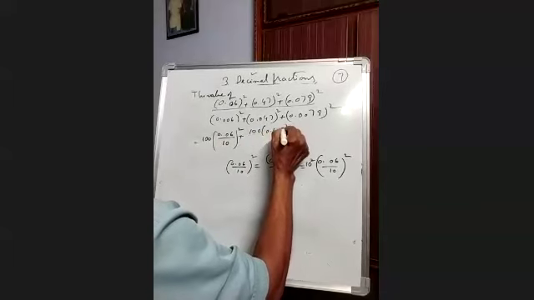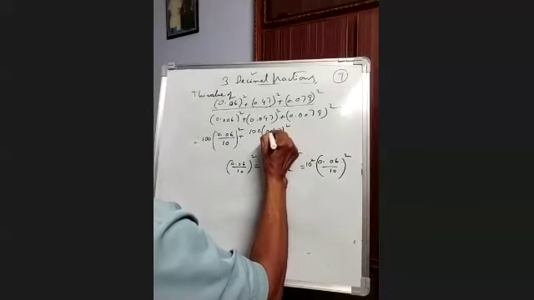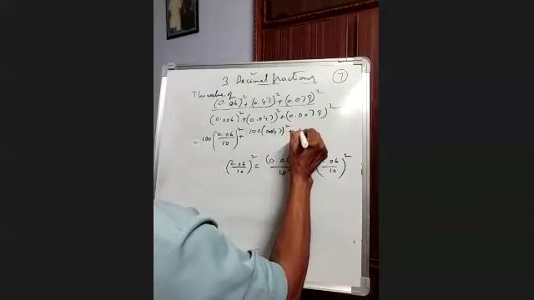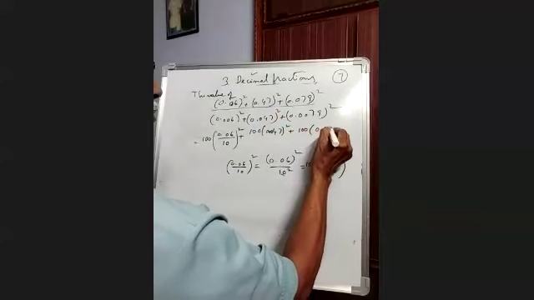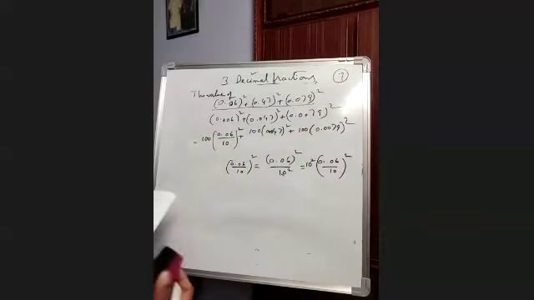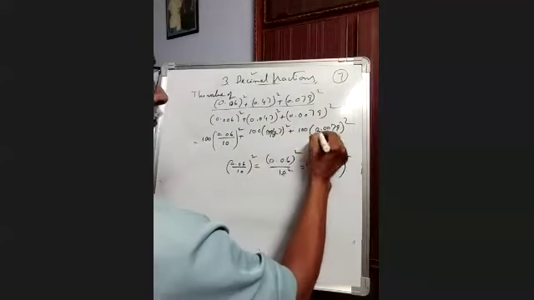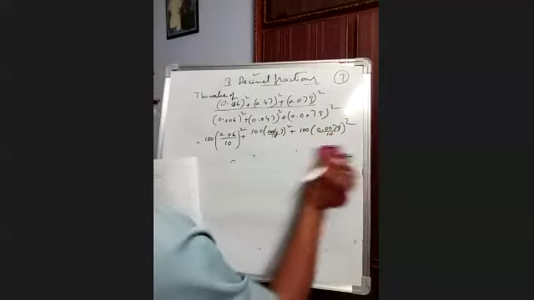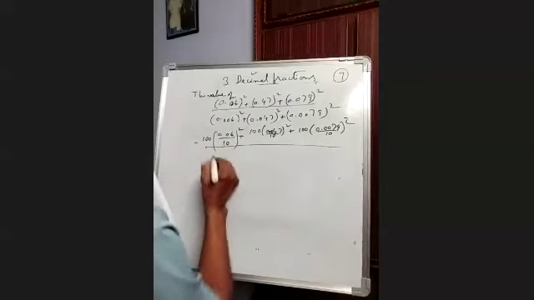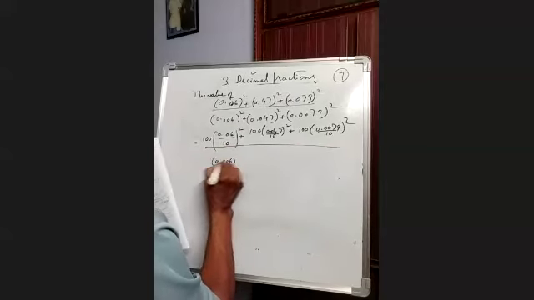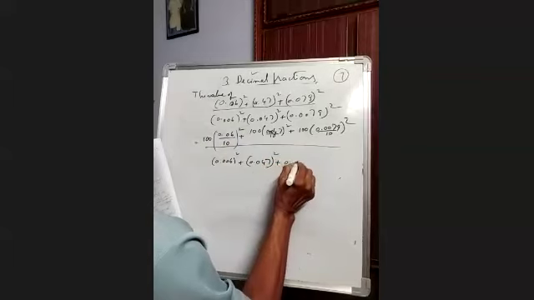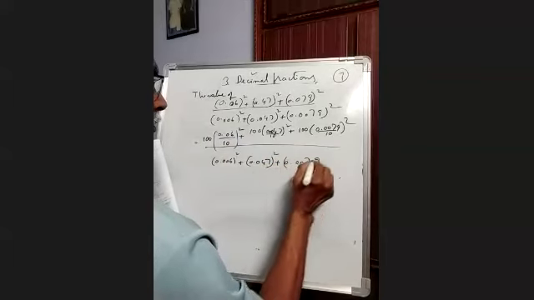Similarly, 100 into 0.47 whole square, 0.047, getting equal to the denominators, plus 100 into 0.0079 whole square by 10, divided by the denominator 0.006 whole square plus 0.047 whole square plus 0.079 whole square.